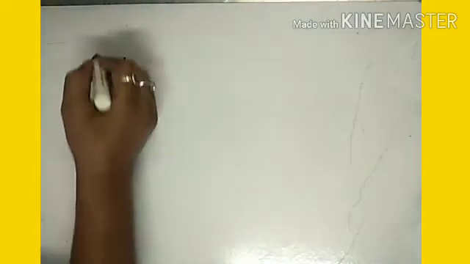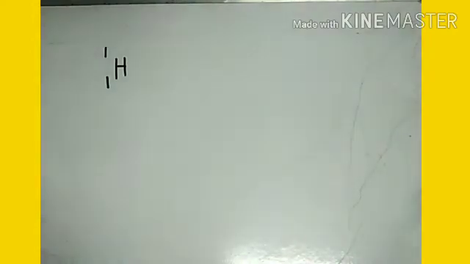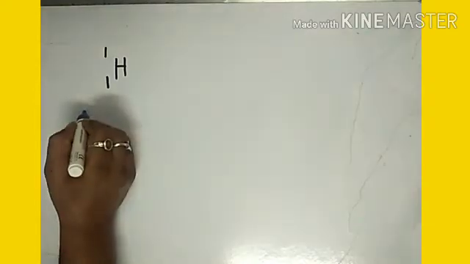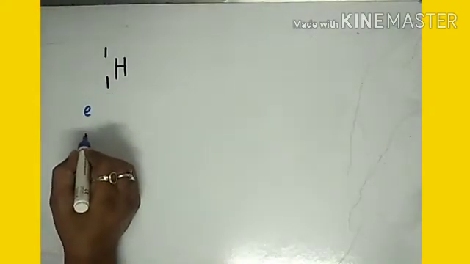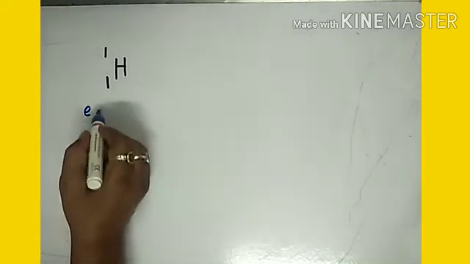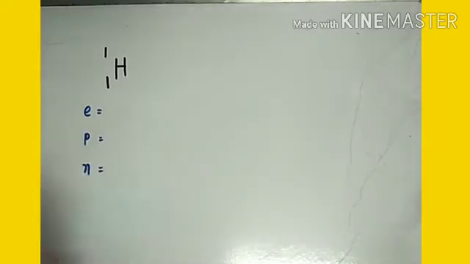But in the first one, hydrogen, the atomic number is 1 and atomic mass is 1. So here we can conclude number of electrons, number of protons and number of neutrons in this manner.